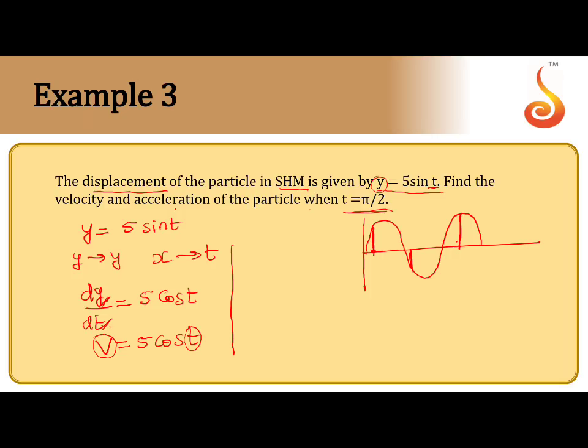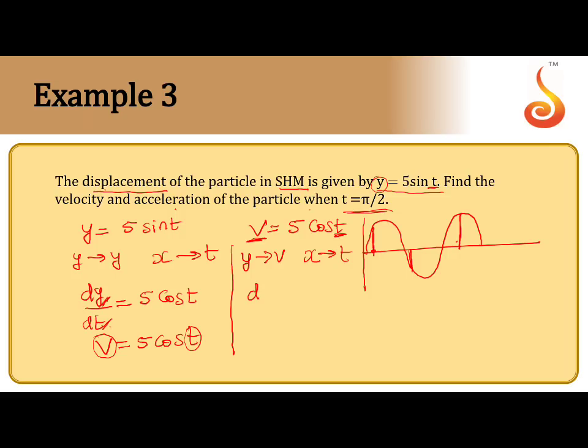Same problem, instead of telling the displacement of the particle, if I tell the velocity of the particle is given by this equation, then your v is equal to 5 cos t. You observe velocity is changing with time. Instead of y, I have v. Instead of x, I have t.